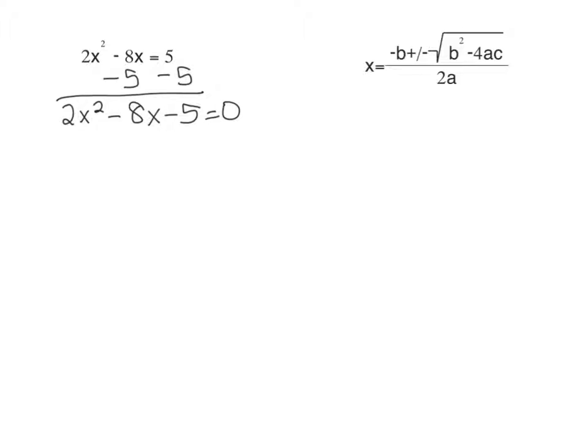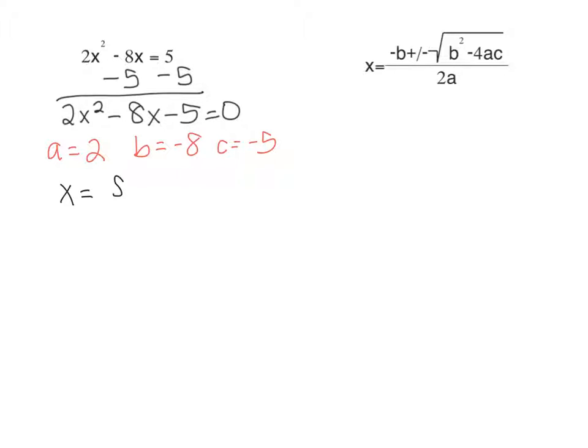So the first thing I'm going to do now is list what A is, which is 2, B, which is negative 8, and C, which is negative 5. Please do not lose your signs that go with those coefficients. Okay, so now I'm going to fill in my quadratic formula. The quadratic formula says x equals the opposite of b.